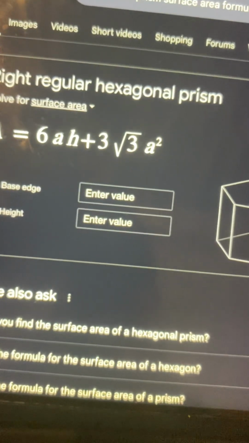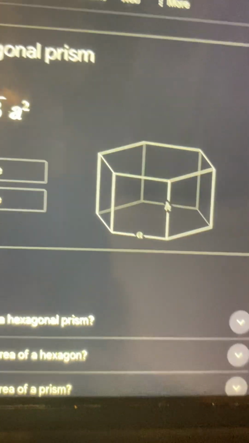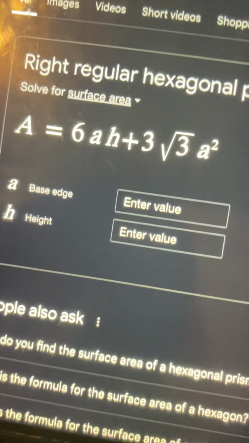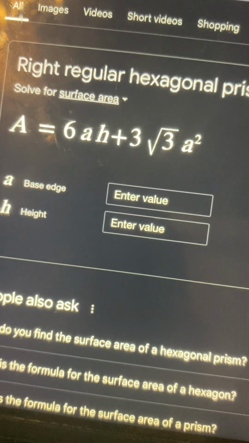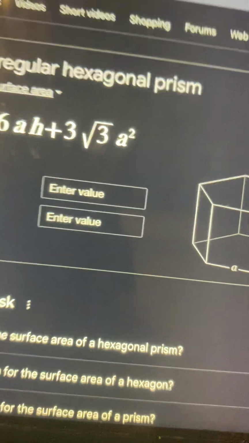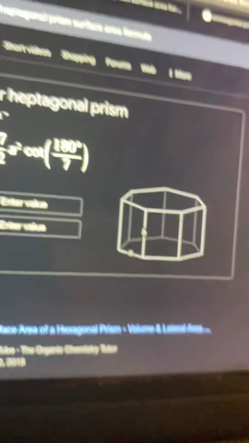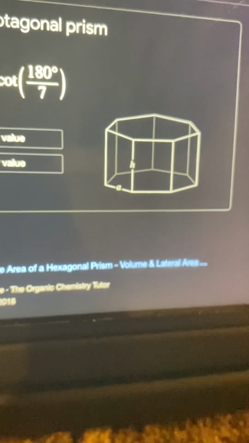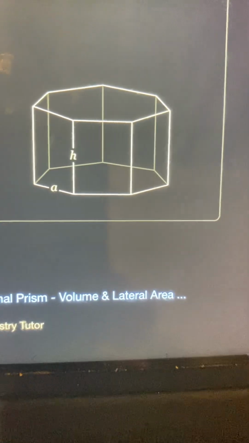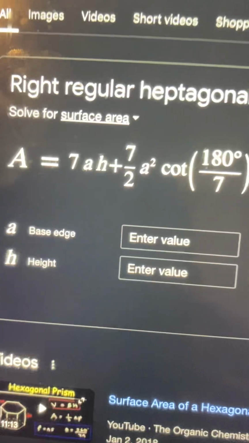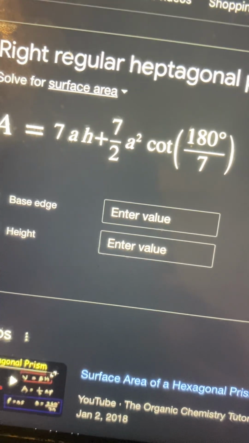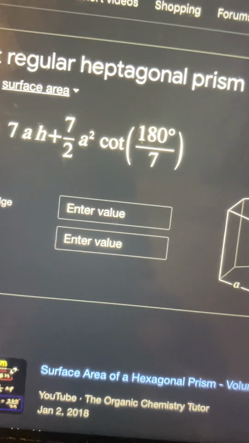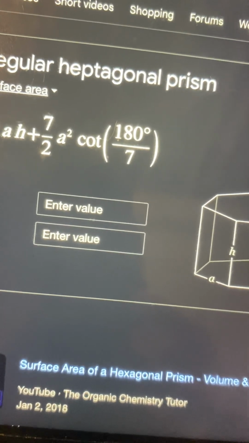The surface area of a hexagonal prism could also be measured in the long way, which is 6ah plus 3 times the square root of 3 times a squared. The surface area of a heptagonal prism, or a prism with 2 7-sided bases, is 7ah plus 7/2 a squared times cot times 180 degrees divided by 7.